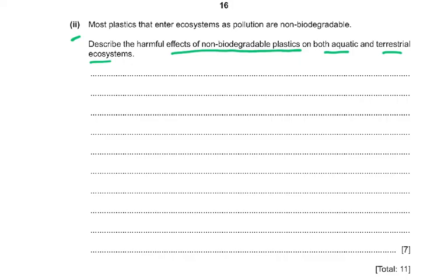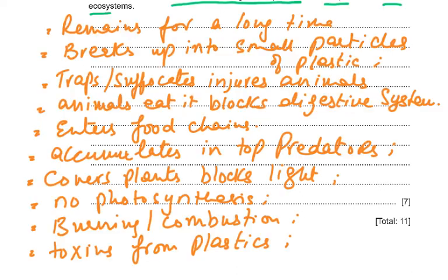The animals eat it and they choke on it, or it blocks their digestive systems. It enters the food chains and the food webs, then it accumulates in the top predators. It then covers the habitat or covers plants and blocks the light. Less light, so no photosynthesis. Then if you burn them, it's combustion and there are toxins from the plastics. So lots of points for you for these 7 marks.